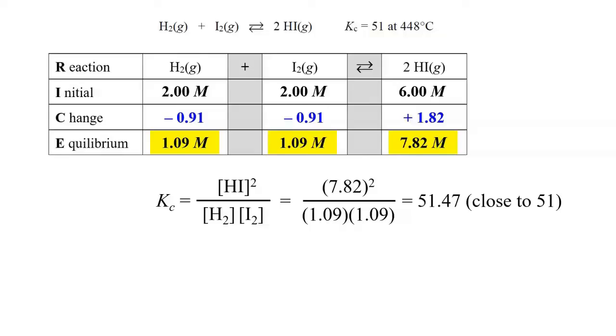Doing this math, I get 51.47, so that's close enough to 51 to establish that yes, this is an equilibrium system. Hopefully you found questions 3, 4, and 5 very similar, and you're working your way through processing the calculation involving a RICE table.